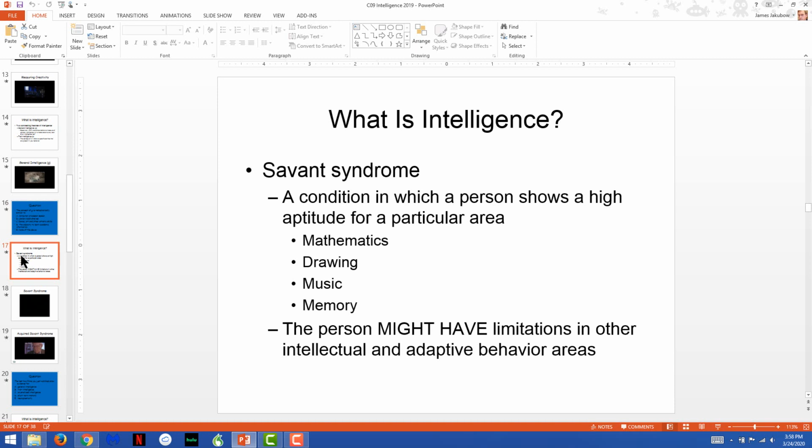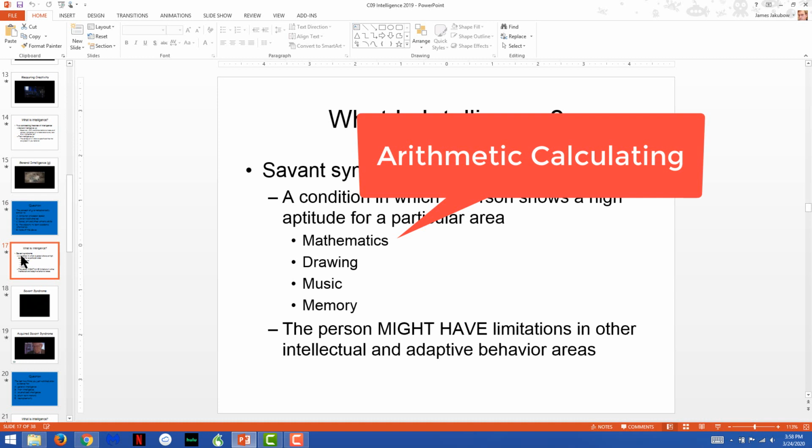Now for mathematics. In mathematics, there's actually only 2 subcomponents of mathematics that show a savant ability. The first is arithmetic calculating. That is, you can ask a person, what is the cube root of 69,372?